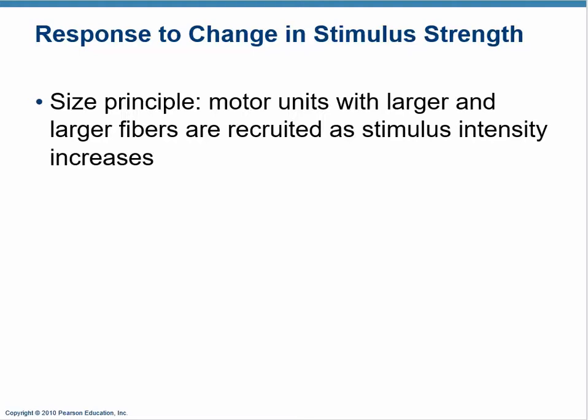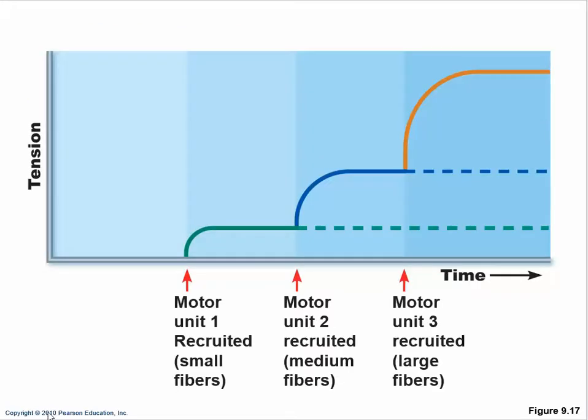You're moving the load too quick. So really, small fibers are first, medium are second, and large are last. It's harder to stimulate larger ones, and so you need more stimulus.